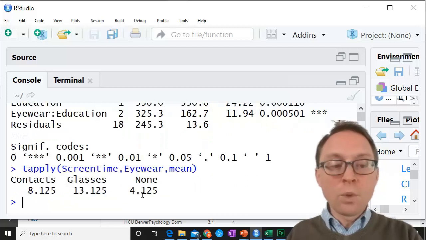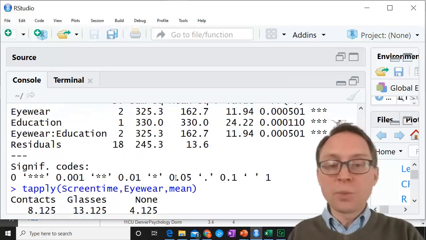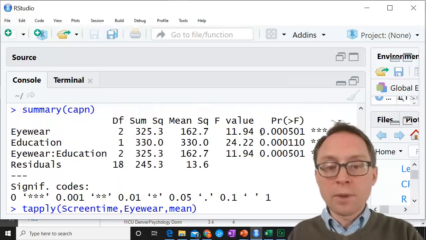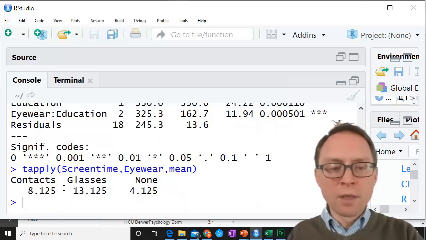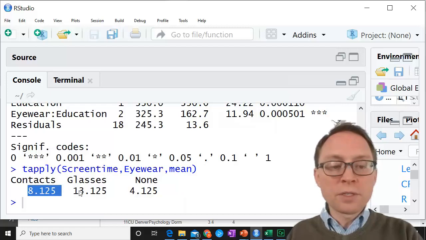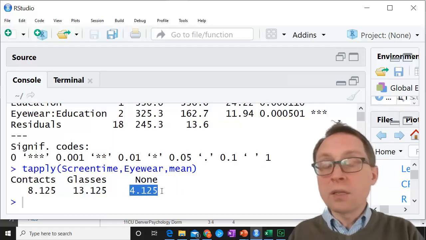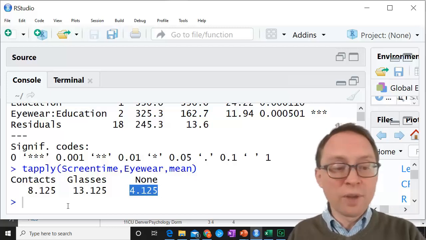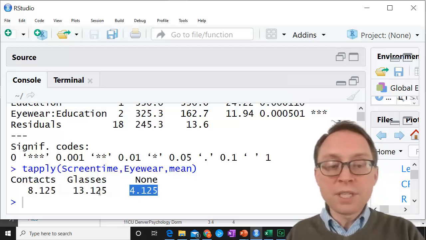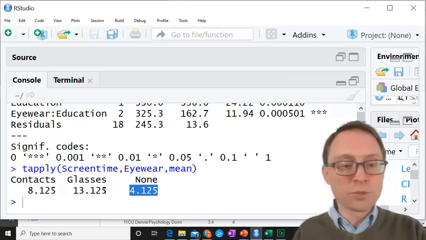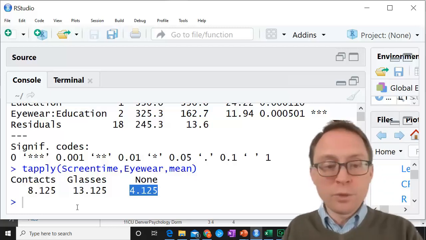However, we do not know where it is. In this particular case, we know there's a significant difference, right? That p-value is less than 0.05. All that tells us is there's a difference somewhere, okay? This is as if it had run it like a one-way ANOVA. And we don't know where the difference is because there's more than two groups. If there's only two groups, then you know, but there's more than two groups.